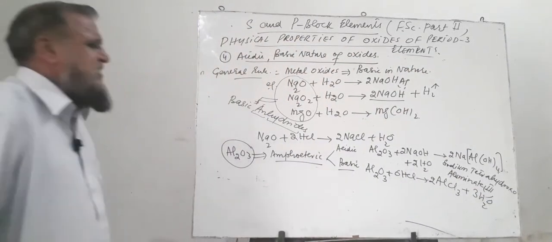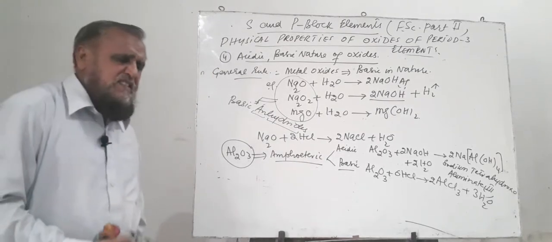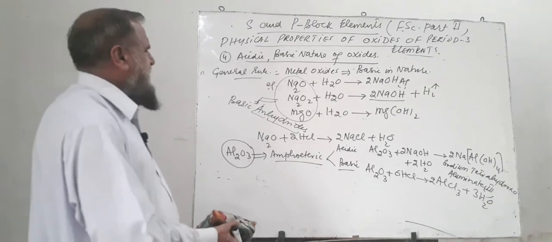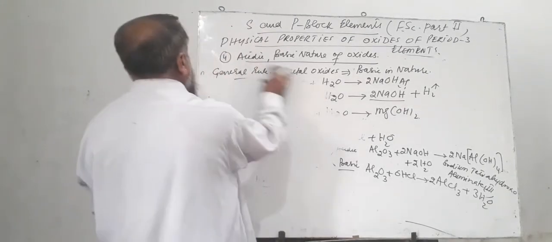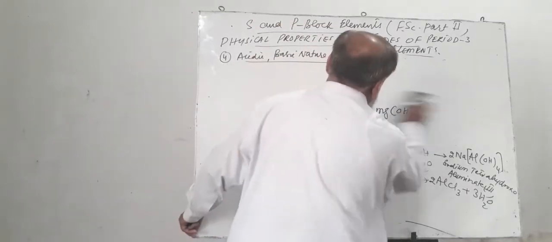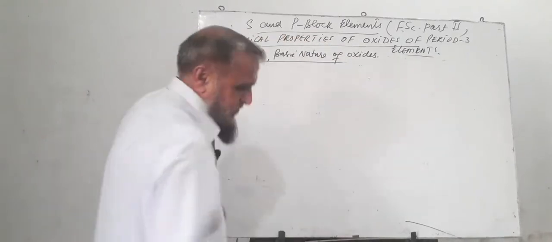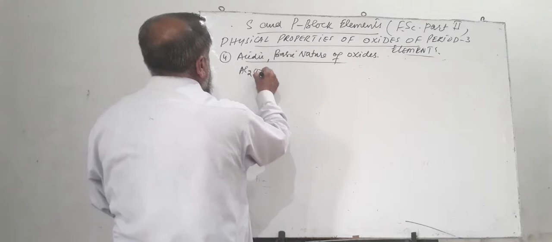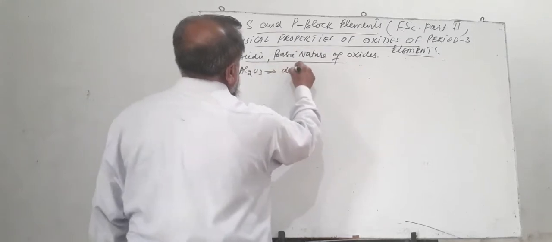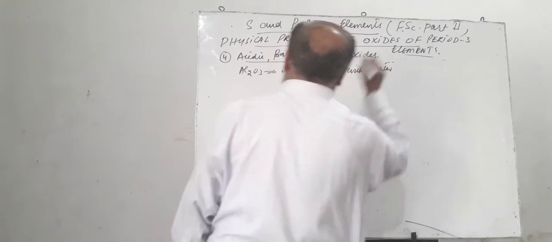Rest of the oxides such as silicon dioxide, oxides of phosphorus, sulfur and chlorine show acidic behavior. Aluminium oxide does not react with water. It reacts with strong acids, but it does not react with water.